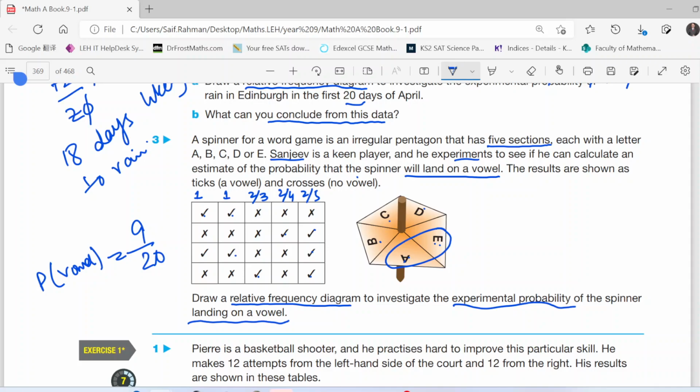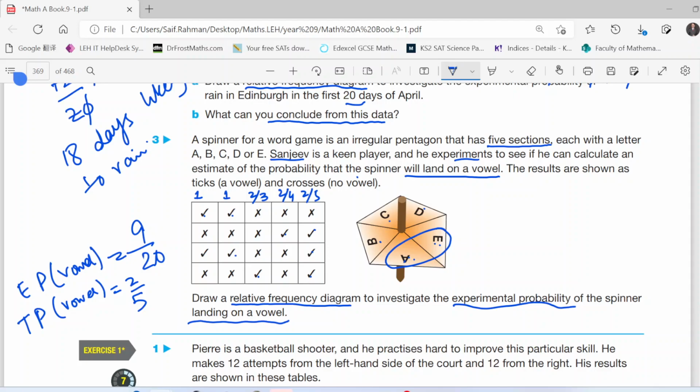Okay, so what should be the theoretical probability? The experimental probability is this one. The theoretical probability of a vowel should be two vowels out of a total of five. There are five alphabets, so 2 out of 5 are vowels.